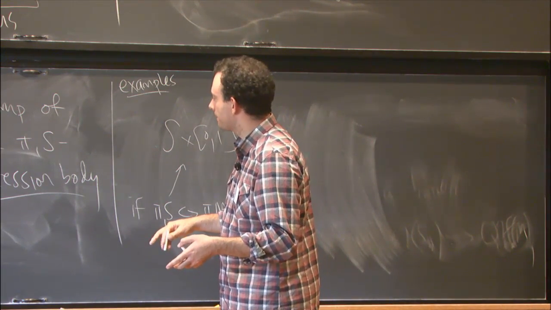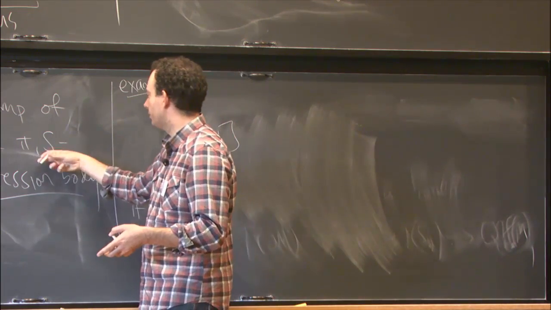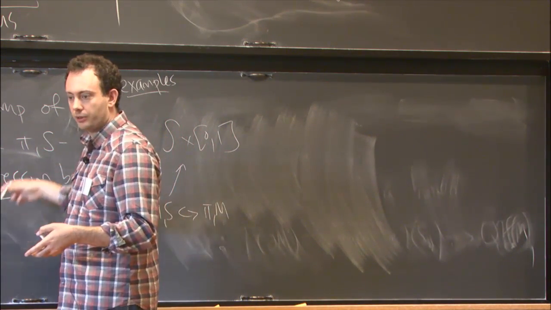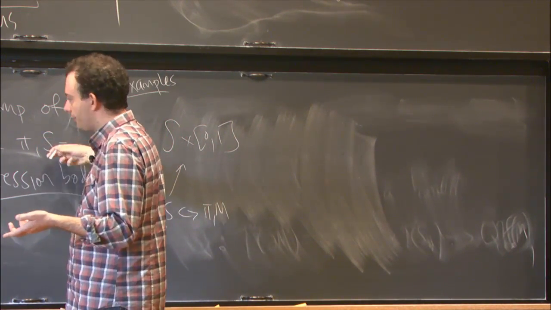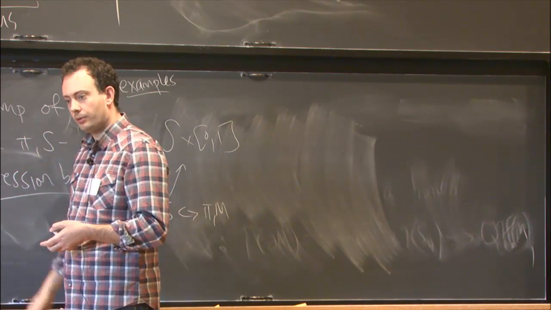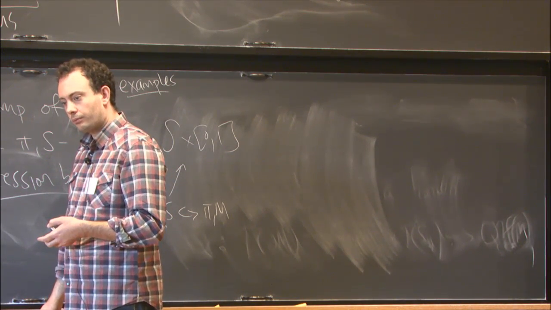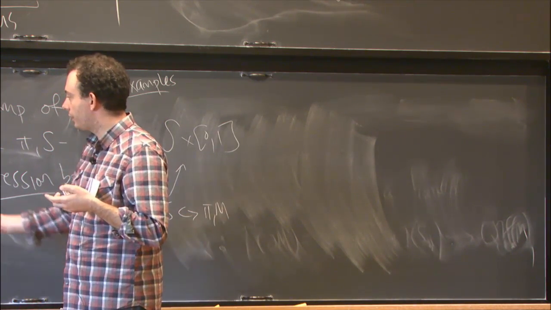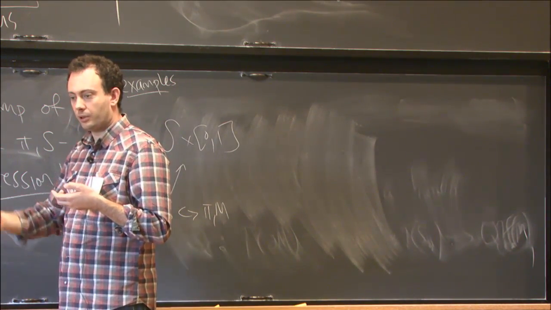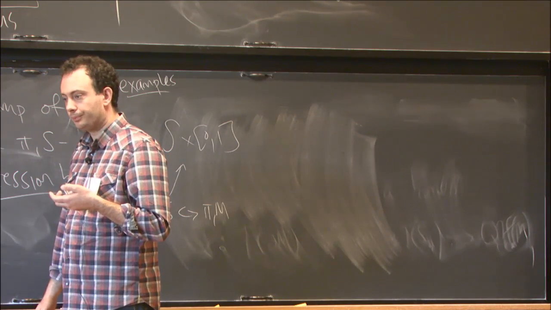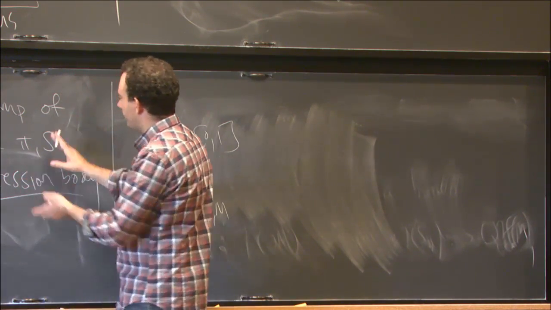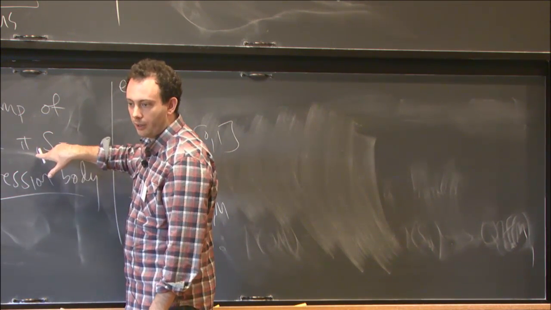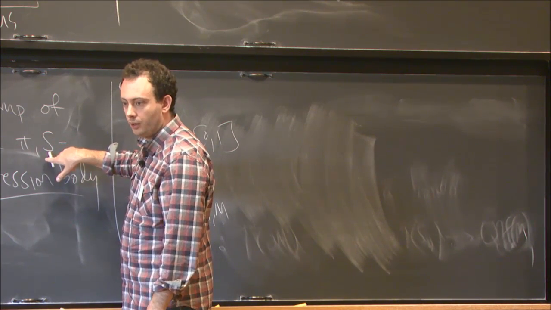What is the pi 1 of S? Take the pi 1 of S as a subgroup of the fundamental group of M, and then take the cover of M that has that fundamental group. Well, it may not be pi 1 of S. I'm taking the image of pi 1 of S in pi 1 of M.